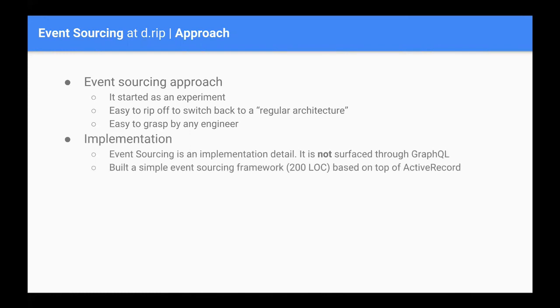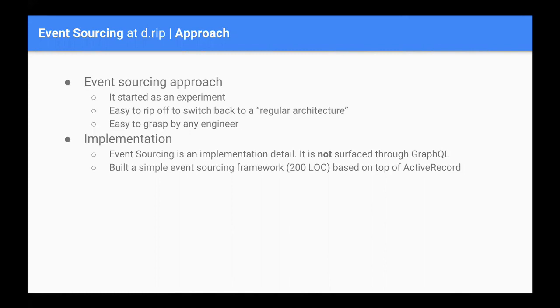We've built an event sourcing framework ourselves based on top of Active Record. There are maybe four, five, six event sourcing frameworks in Ruby, and some of them use Active Record. Most of them, though, had some downsides. Some of them were quite hard to understand. Some of them had like 14 components to them.